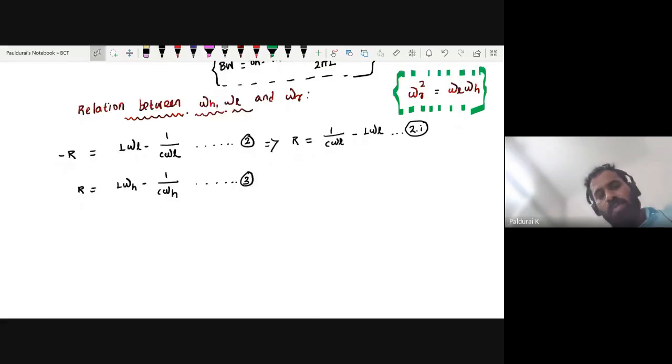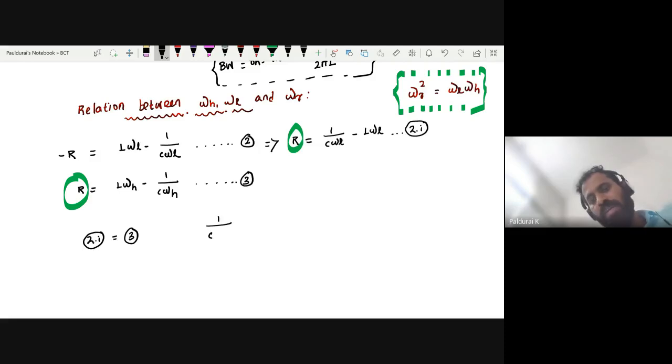Now, equation number 2.1 is equal to equation number 3, right? Since this is also R and this is also R, equate these two. What you will get? This R is 1 by C omega L minus L omega L, equals this R, L omega H minus 1 divided by C omega H, equation number 3.